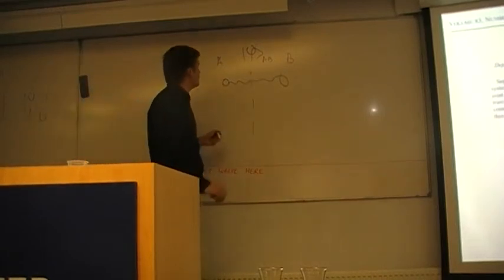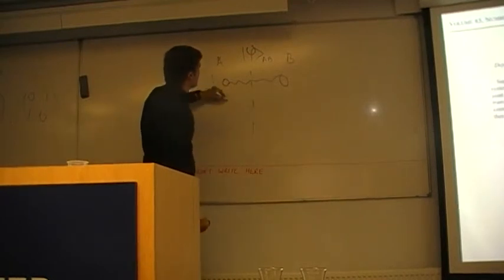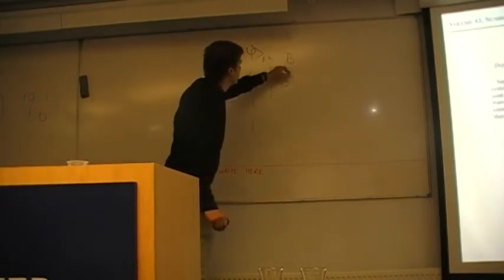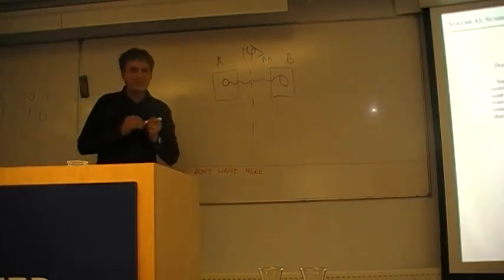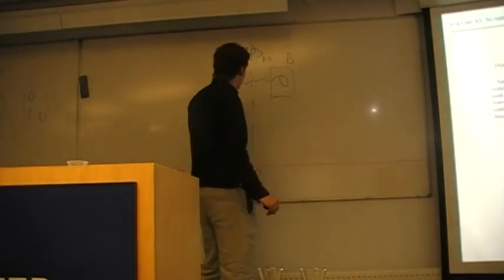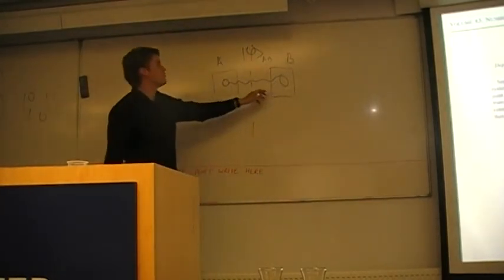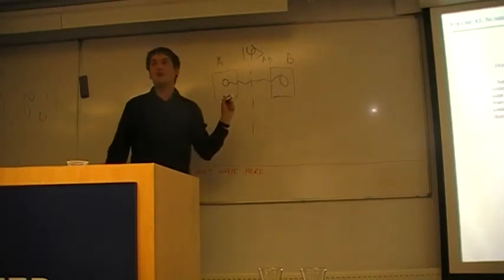And then they are allowed to do stuff on their own. And then this is subtle. They can send classical messages to each other, meaning that Bob can choose to do transformations conditional on Alice's outcomes.